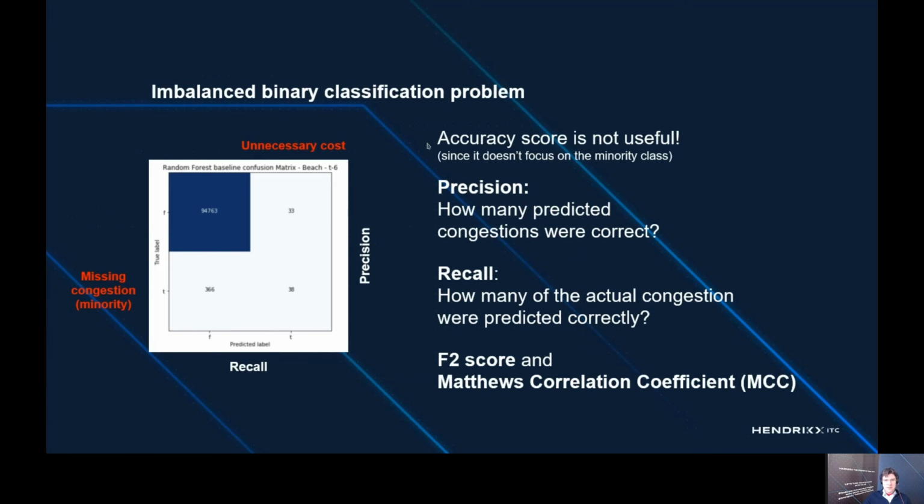This is a short overview of how you can display results of a binary classification problem. This is a nice matrix with four quadrants, and these are the true negatives. These are the true positives on the diagonal, and these are the false negatives and the false positives.